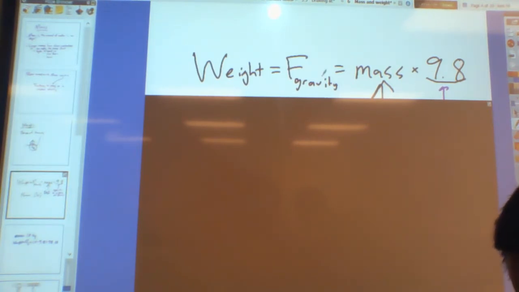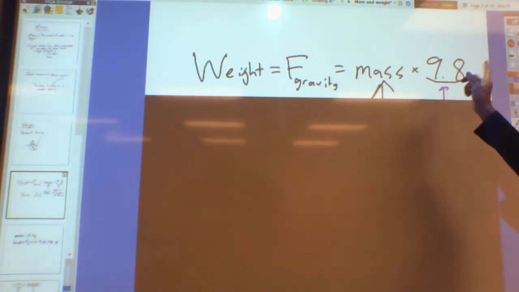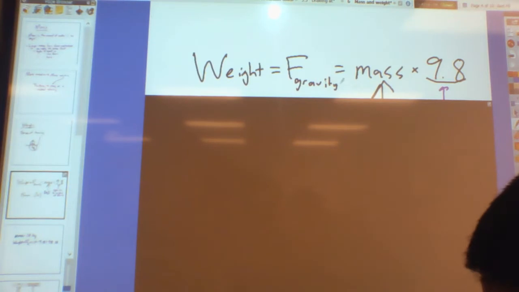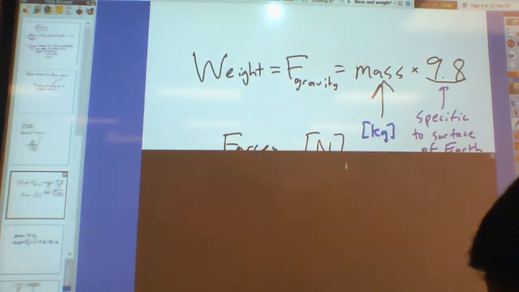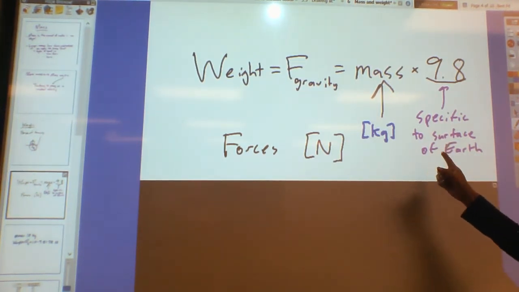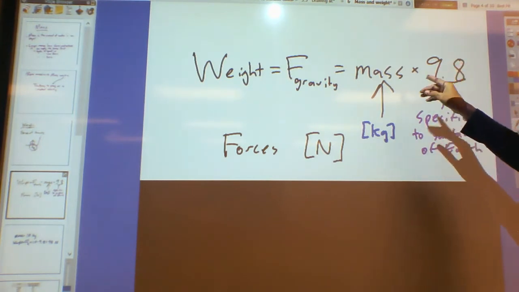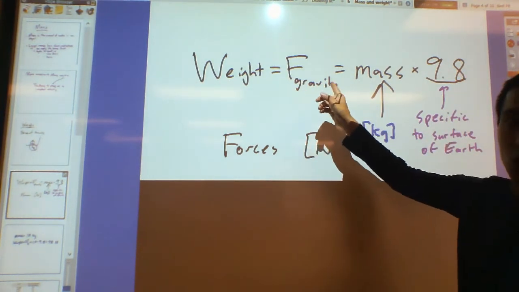To find the weight, you take the mass and multiply it by 9.8. That number 9.8 is specific to being on the surface of the Earth. If you're ever not on the surface of the Earth, or on another planet, then this number will be different.